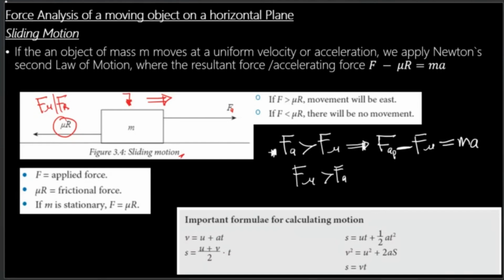So the force that will cause this body to move is the accelerating force. Of course, the accelerating force has to be the applied force minus the frictional force, because the frictional force is lesser than the applied force. So you can see here, this is the applied force, which can also be represented by F or FA. This is the frictional force, and this is a normal formula.